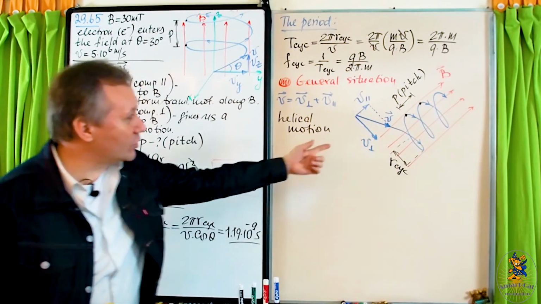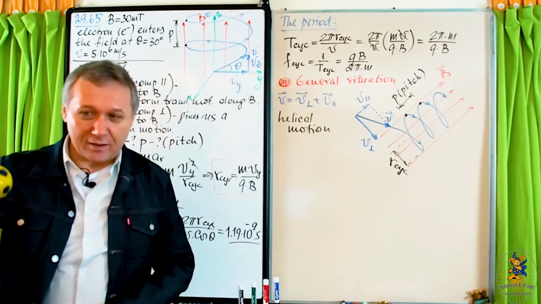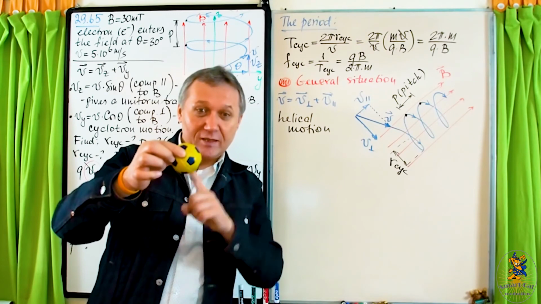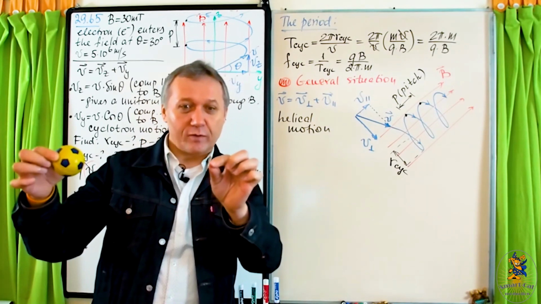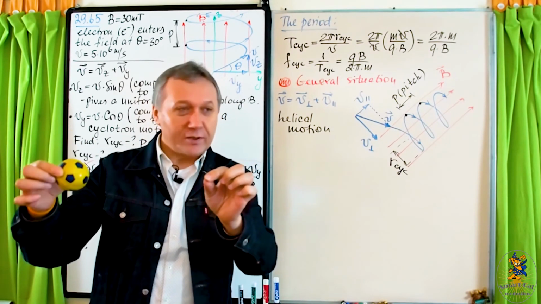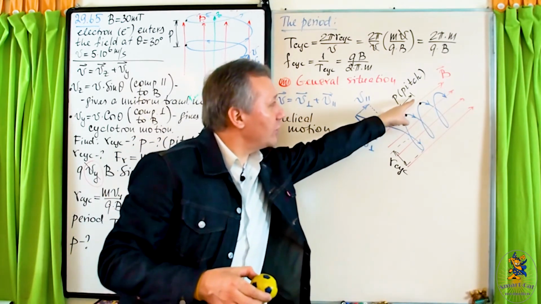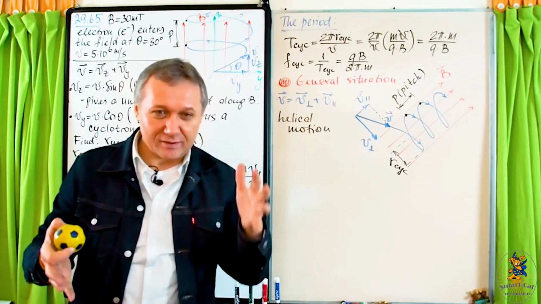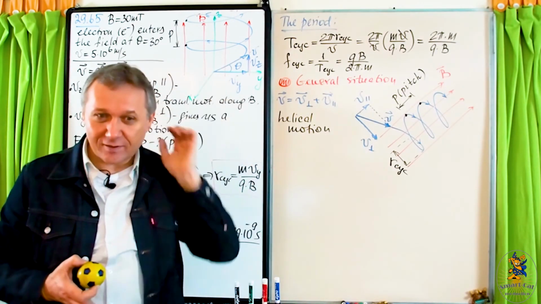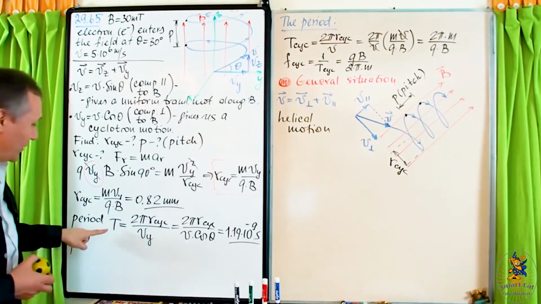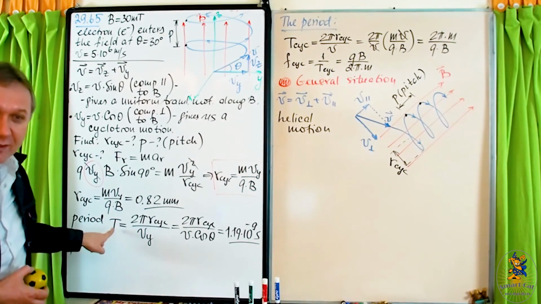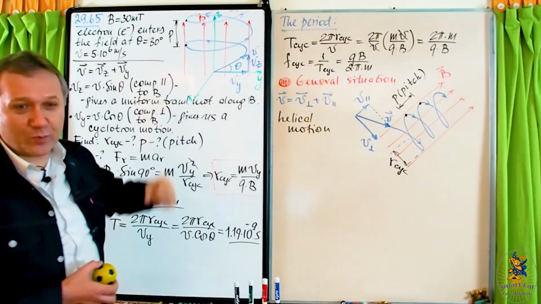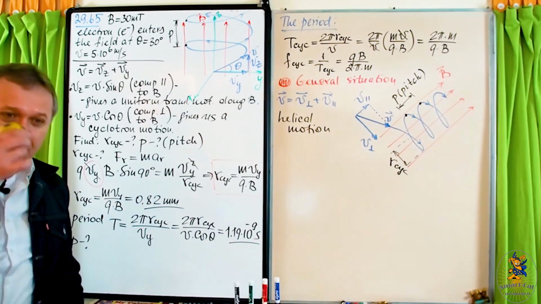We have helical motion. So we have one circle in the perpendicular direction, with period T, and over the same period of time the particle gets displaced from this point to the next point, covering that distance p, that pitch, in the z direction. So this period, which we just found, is also the travel time for the particle to move from this point to that point, because we have periodic motion.